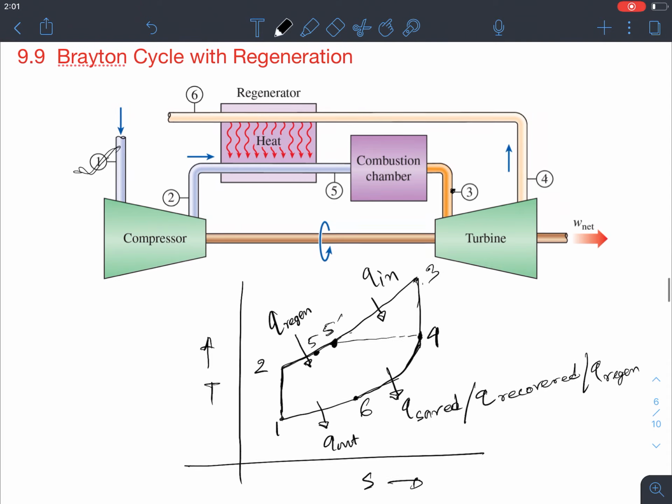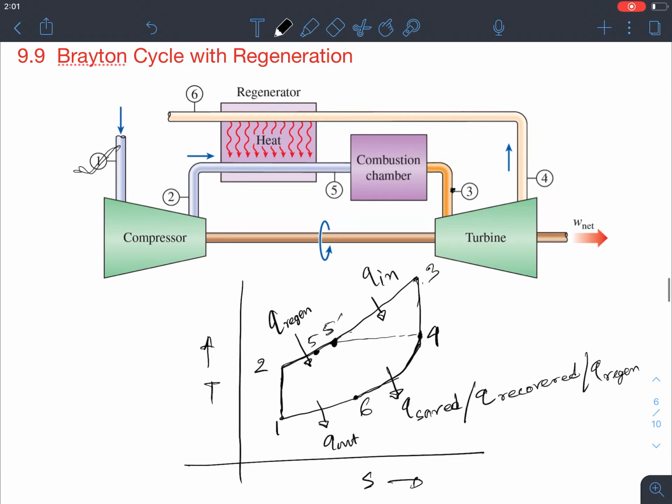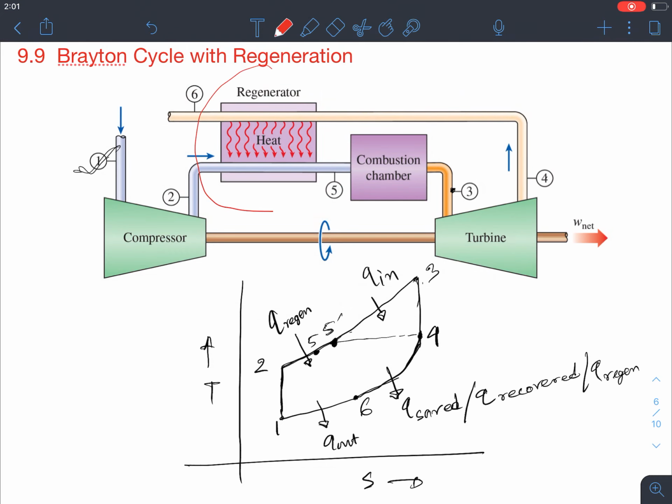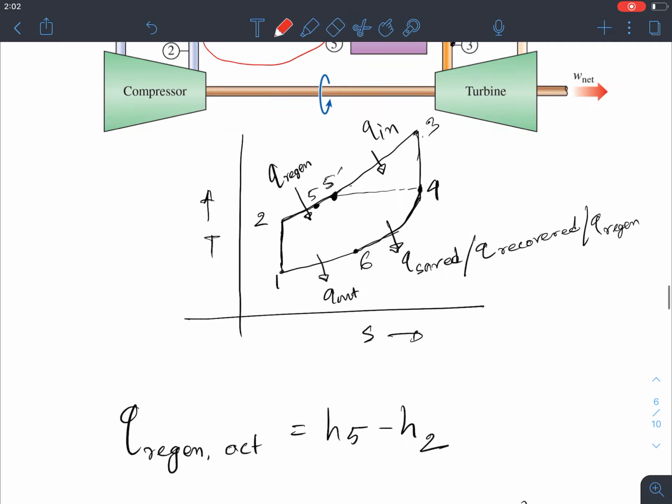So now there is a term for this turbine. We know the efficiency of the Brayton cycle, right? In the Brayton cycle gas turbine. However, since we are using this regenerator unit, this portion, we have to determine how much heating is generated from this unit, right?